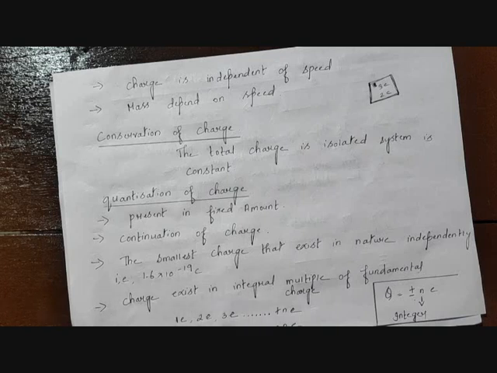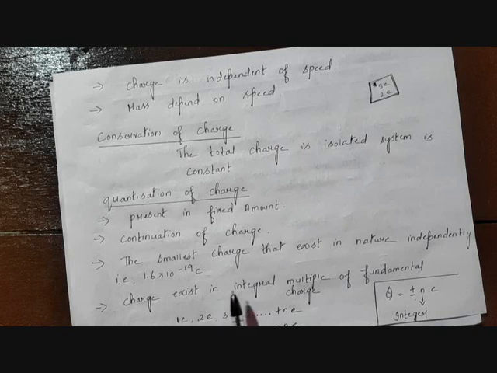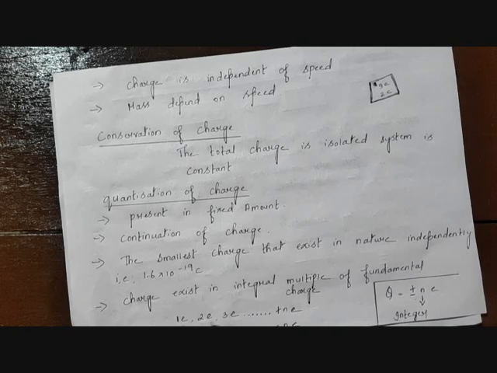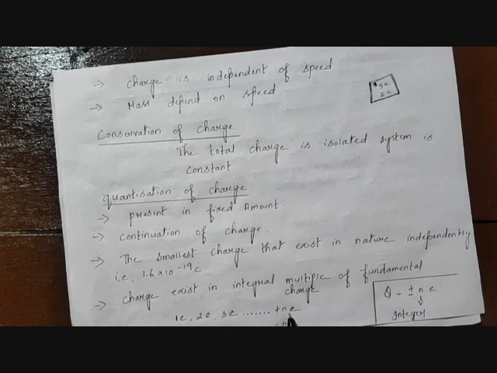Again, in your notebook or textbook you will get the definition like this: charge exists in integral multiples of the fundamental charge. I hope you know what an integral multiple is, right? See, one electron, 2 electrons, 3 electrons.